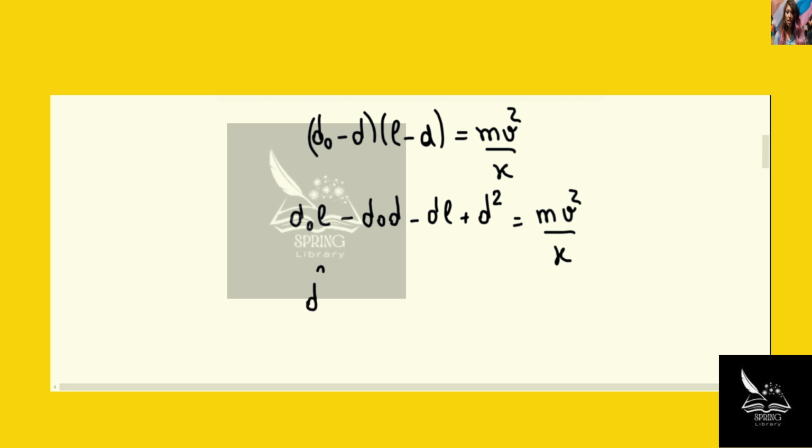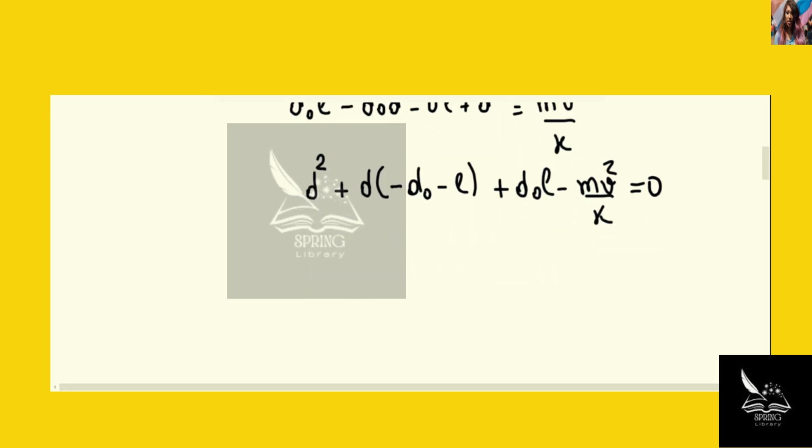Our goal is to find what d is. So I have d squared plus d times minus d0 minus L plus d0 L minus m v squared over k is equal to 0.